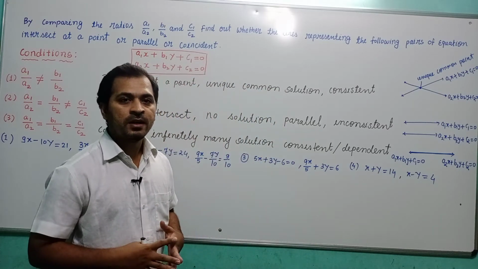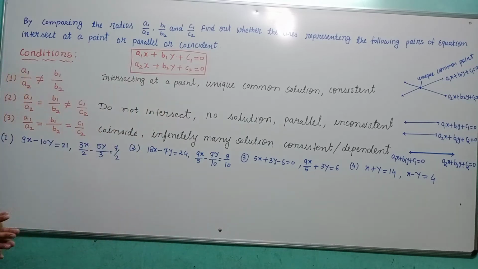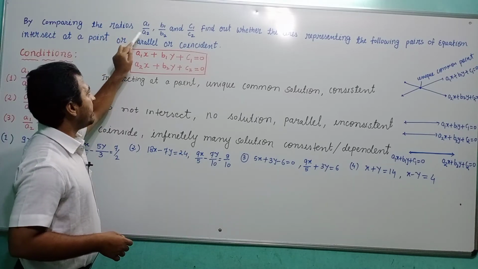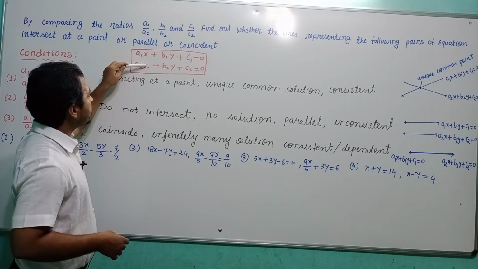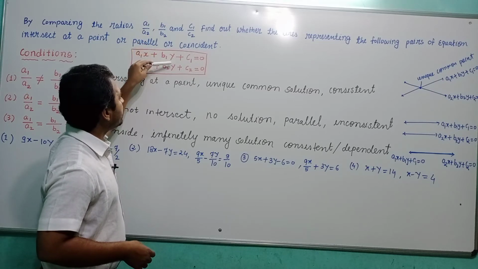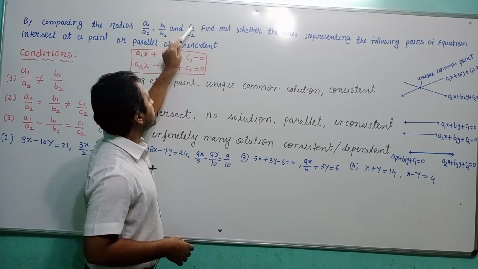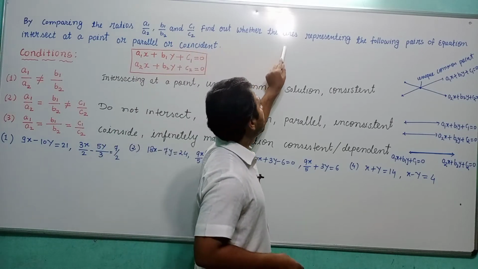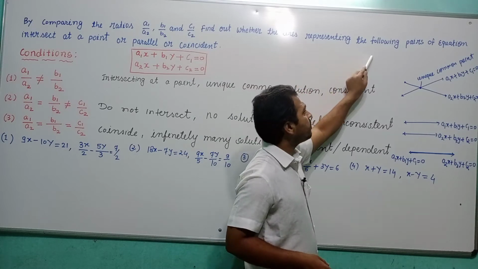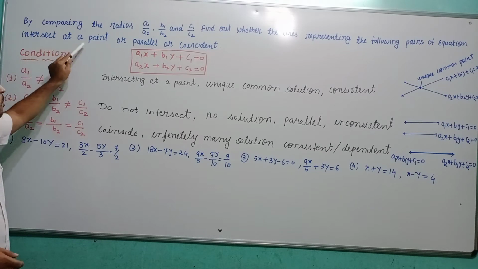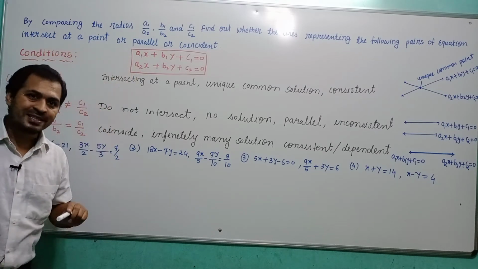Okay students, now here you can see that we compare the ratios: a1 by a2 is the ratio of the coefficients of x, b1 by b2 is the ratio of the coefficients of y, and c1 by c2 is the ratio of the constant terms. Find out whether the lines representing the following pairs of equations intersect at a point, or are parallel, or coincident.